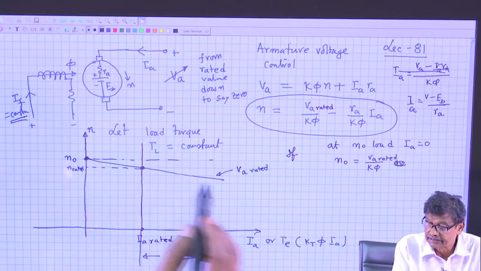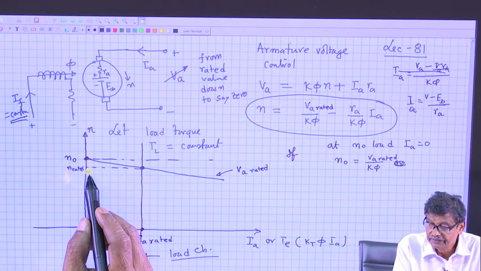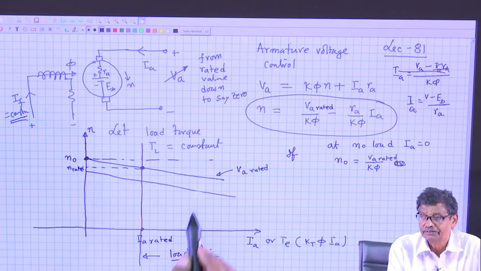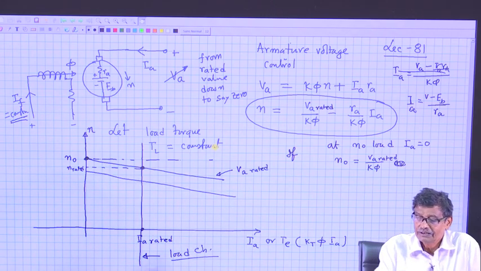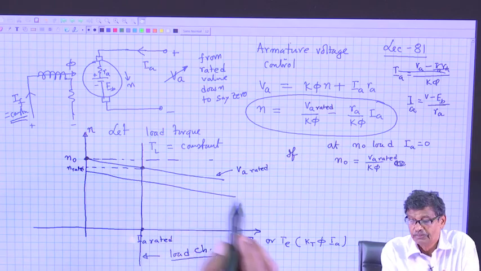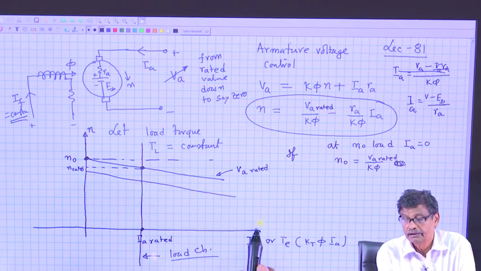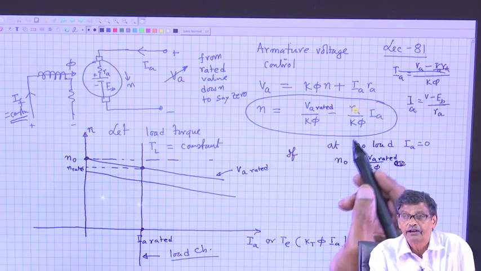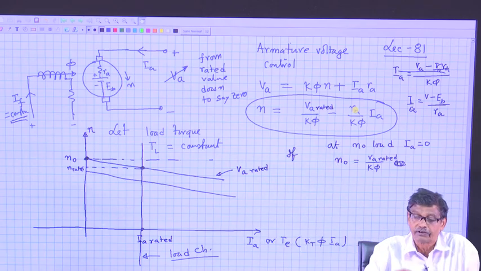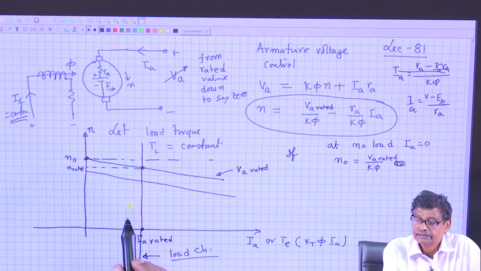Therefore, these characteristics will shift parallel to this, and the slope of this variation will almost remain the same, R A by K phi, phi is constant, R A is constant.